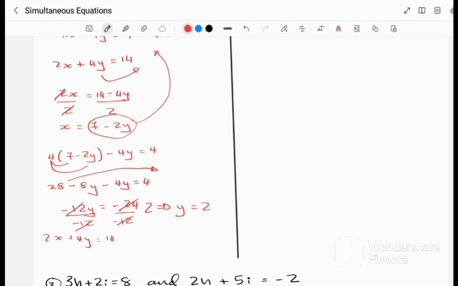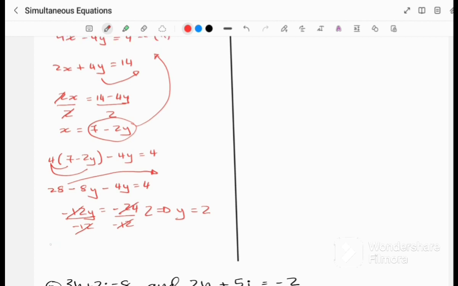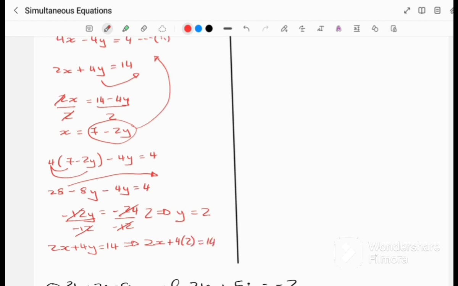Let me write that again. We have 2x plus 4y is equal to 14. We're going to go ahead and plug in 2 instead of y. So this is going to become 2x plus 4 times 2 is equal to 14.